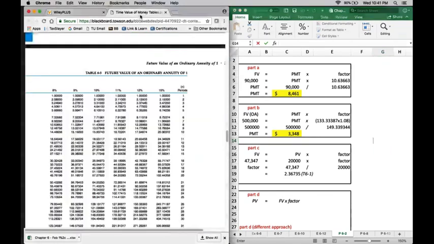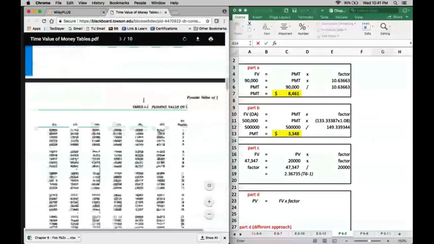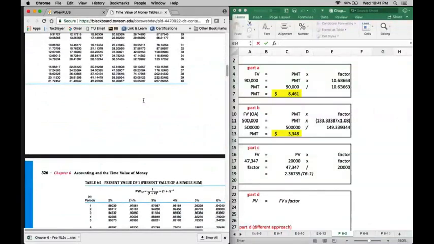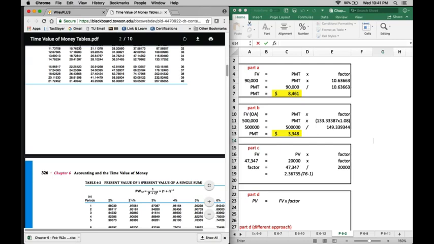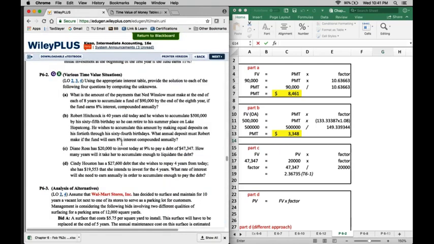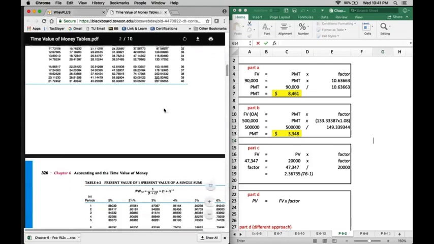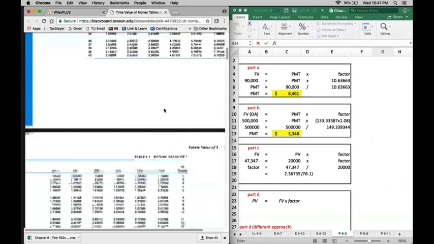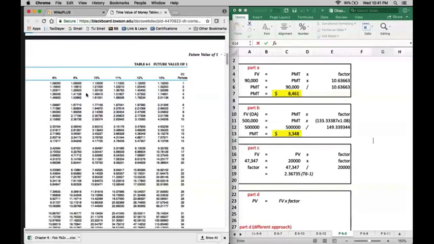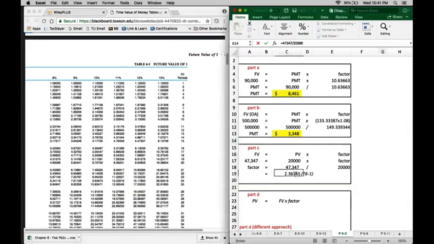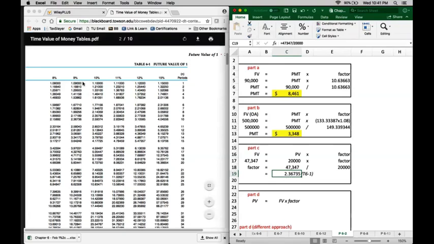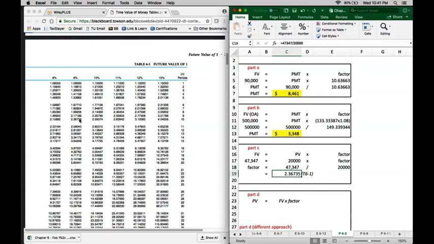Let's go back to table 6.1, and we're looking at, just a second, they had told us the interest rate was 9%. So table 6.1, interest rate is 9%. Okay, we want to look for this factor. The factor is 2.36735.